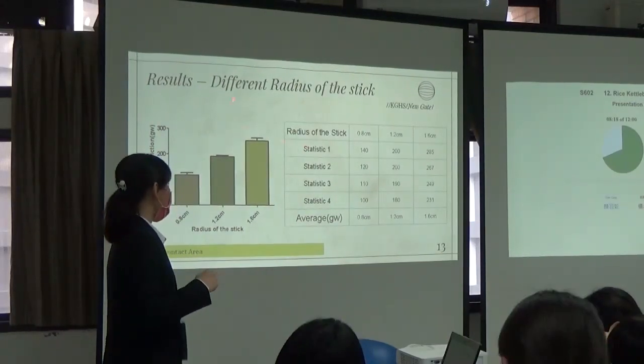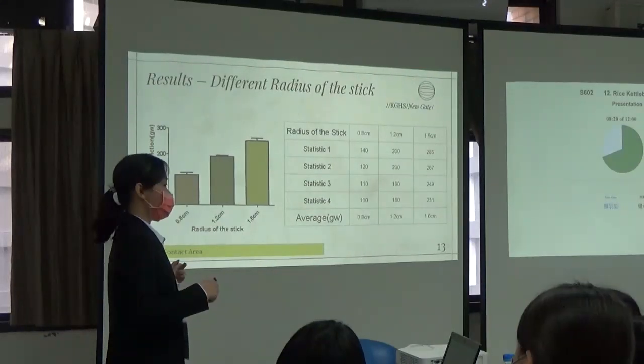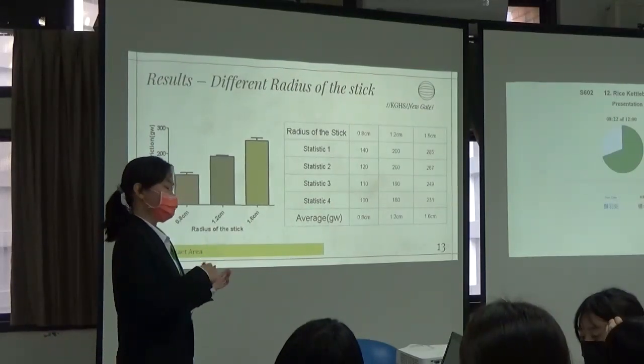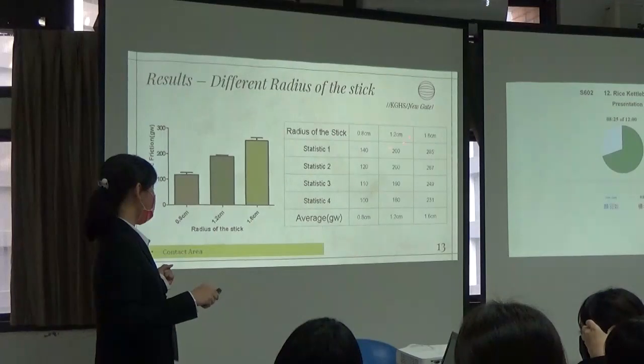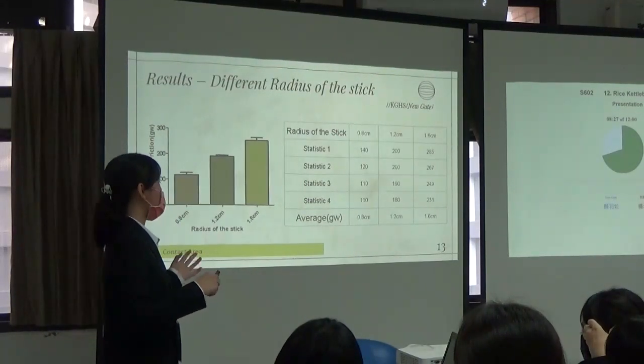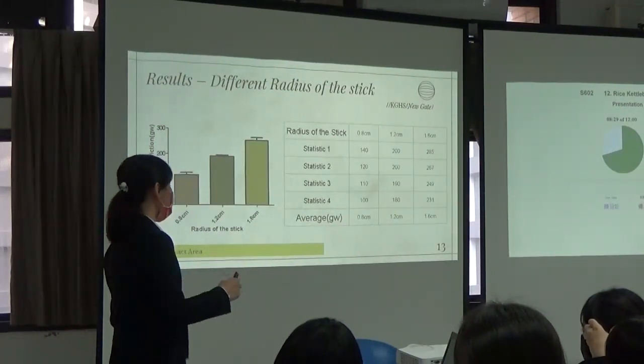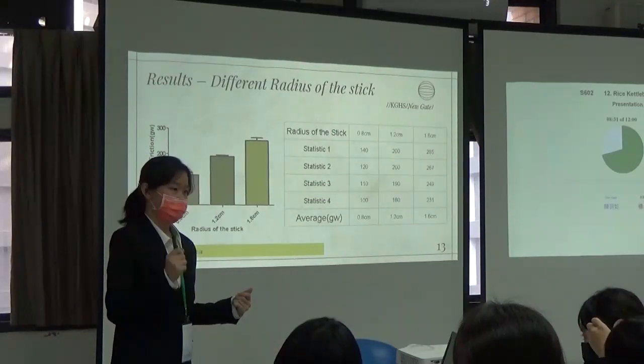Next we did different radius of the stick, and just like the depth experiment, we found that with a bigger radius we have a bigger contact area, and we can pick up a bigger mass of the system.